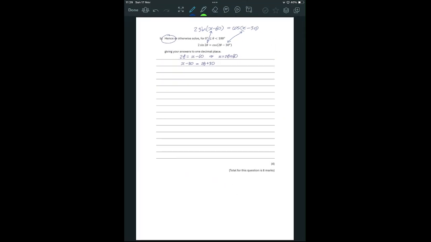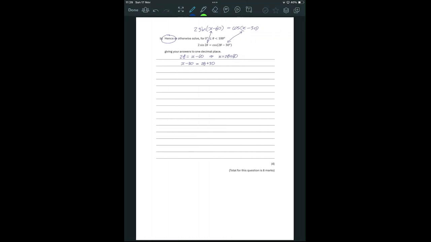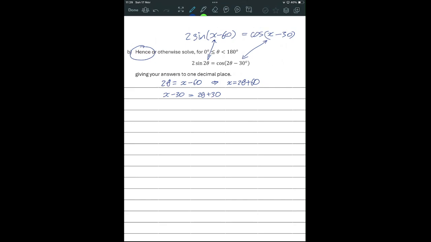Have I quoted it wrong from the other side? No. Oh, okay. So these don't seem to match up, but they should. So I'm just taking a moment to see if I've done anything foolish.